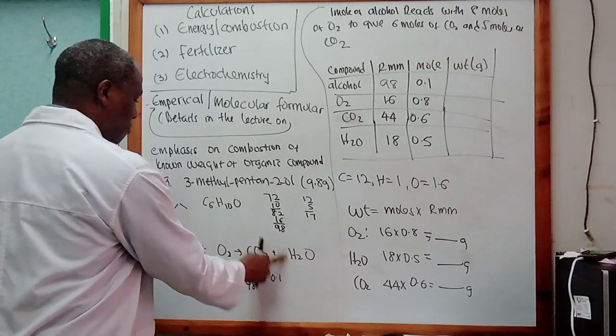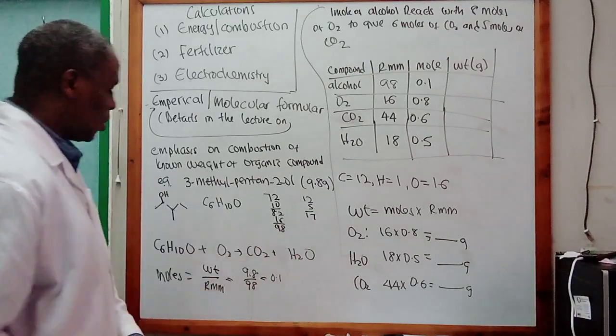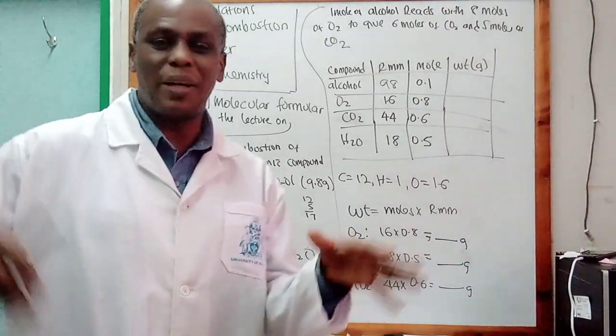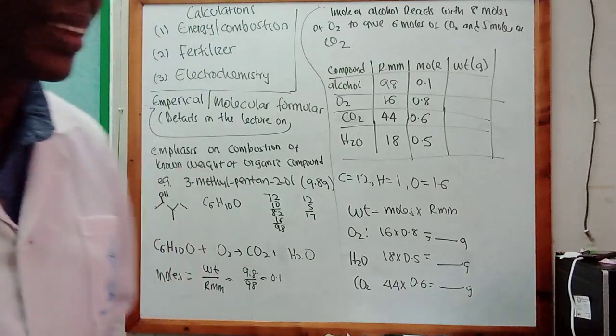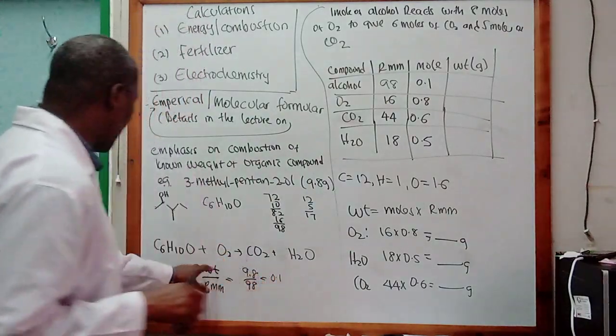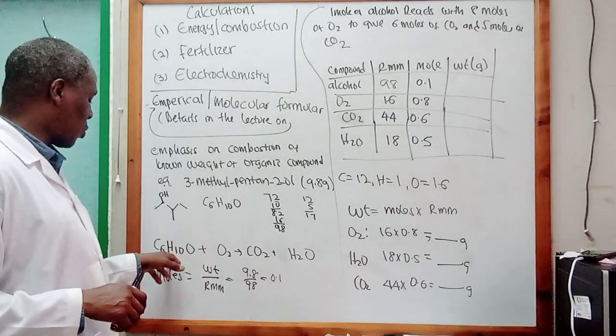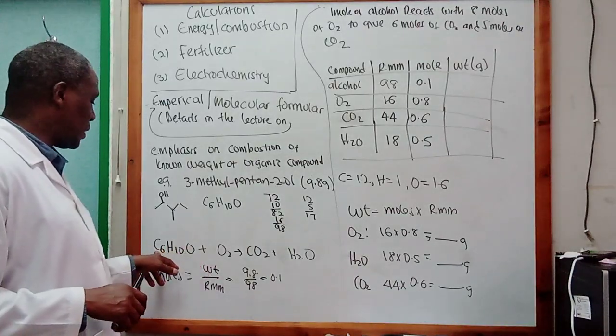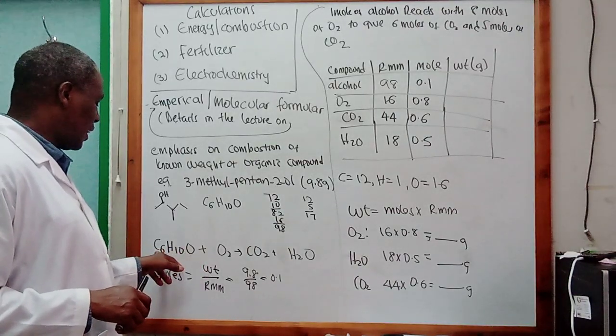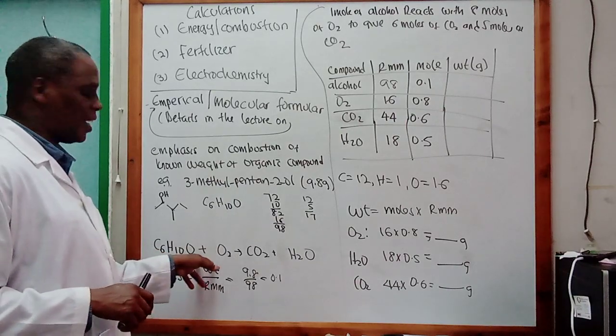You can look at that formula and ask, how do I start balancing? It's quite easy. A lot of things are given from this formula. For example, this formula is C6H10O.